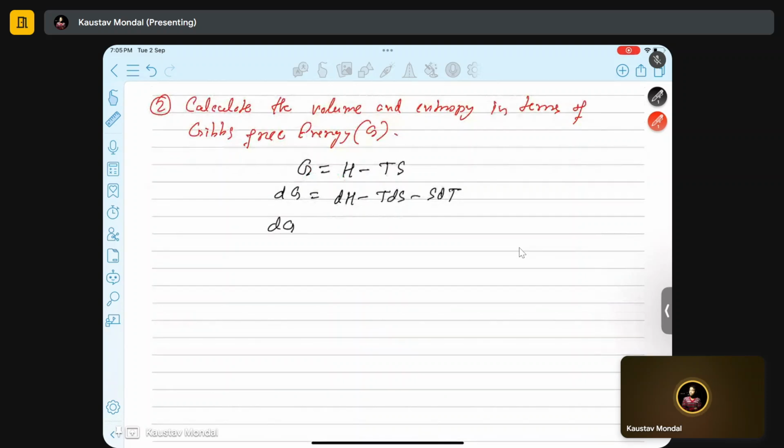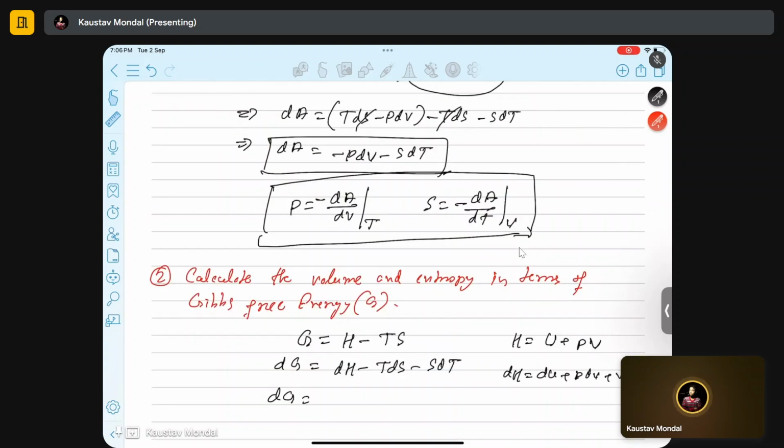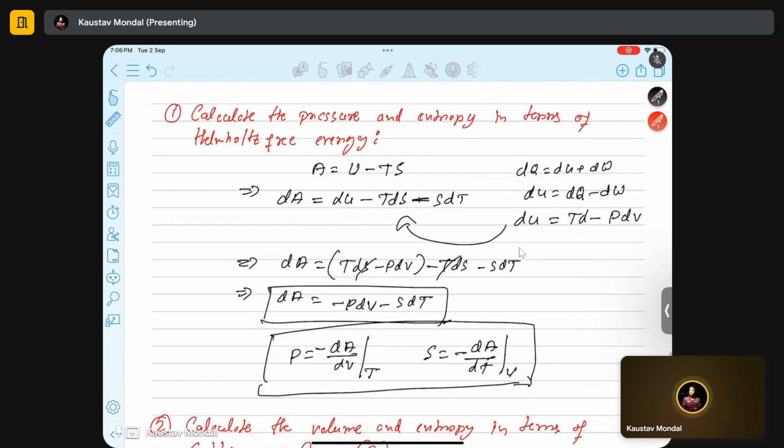So dG will become... H we already know: H is U plus PV, right? So dH is dU plus PdV plus VdP, and dU we know is TdS minus PdV.